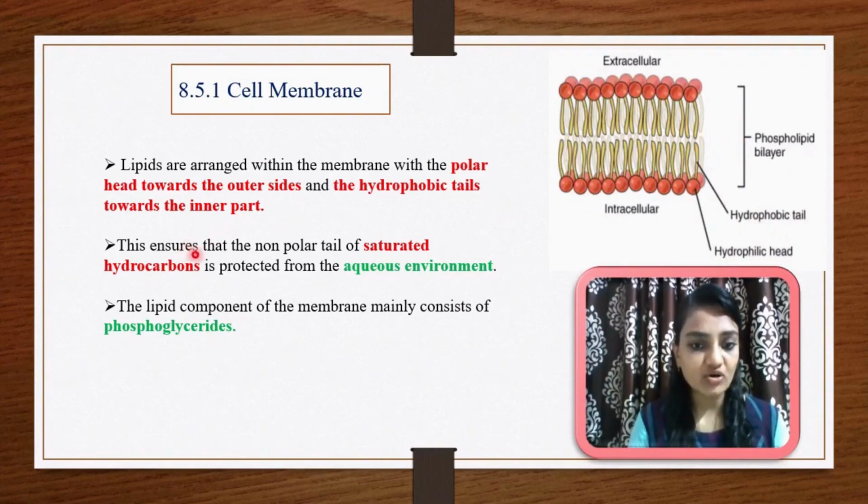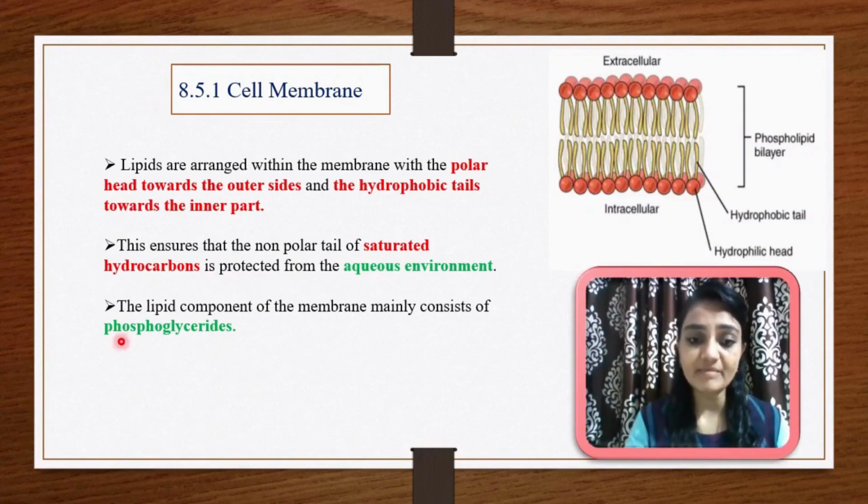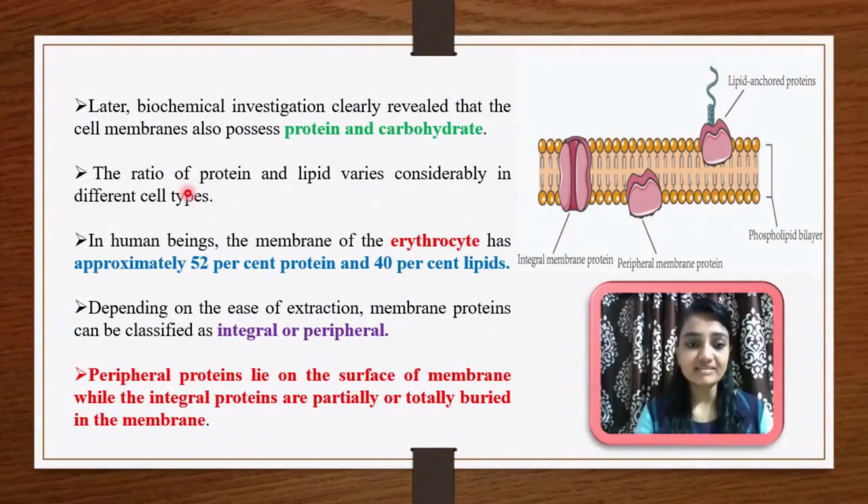This ensures that the non-polar tail, that is the hydrophobic tail of a saturated hydrocarbon, is protected from the aqueous environment. The lipid component of the membrane mainly consists of phosphoglycerides. Later, biochemical investigation clearly revealed that cell membranes also possess protein and carbohydrate along with the lipids, or we can say phospholipids.